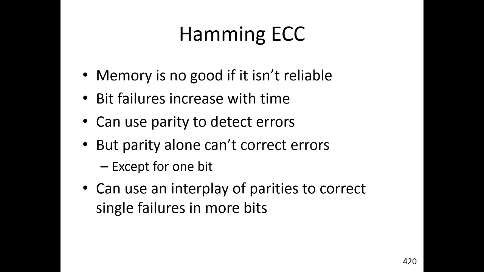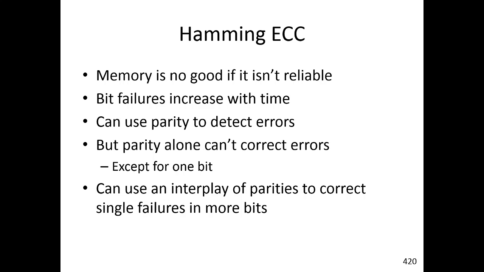If you have 8 bits and there are 8 ones, then you have even parity. If there are 8 bits and you have 5 ones and 3 zeros, then you have odd parity. So you can add a check bit and detect when one of the bits was flipped, based on whether you were expecting even or odd parity. That's parity, and you can use it to detect errors.